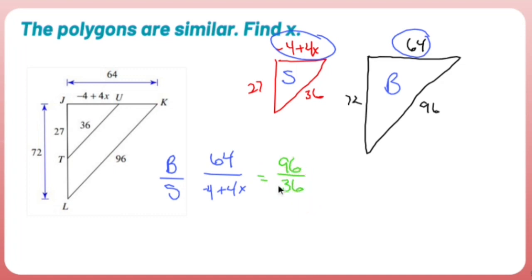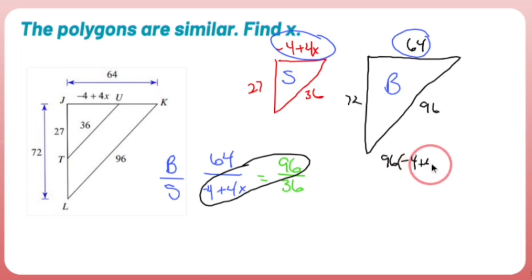Now I have a proportion, and whenever you have a proportion, you do crisscross applesauce. So we are going to multiply negative 4 plus 4x times 96. And when you do that, you have to make sure you set up a distributed property problem because this is two separate things being added together. Negative 4 plus 4x.